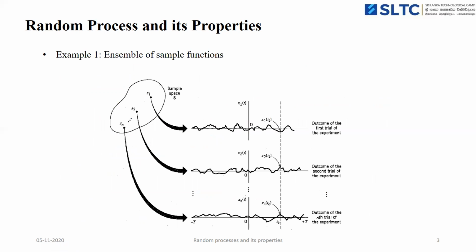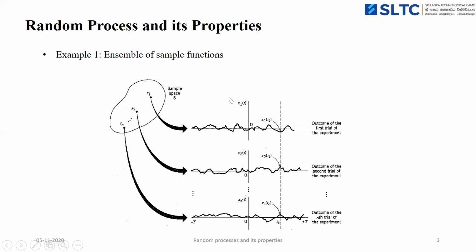We can see from this diagram there is a sample space S, which contains n outcomes, S1, S2, up to Sn, and each of the outcomes is mapped into a sample function, a waveform.